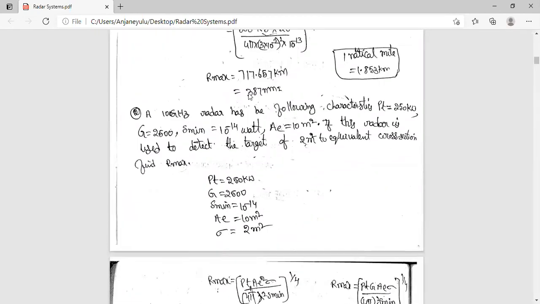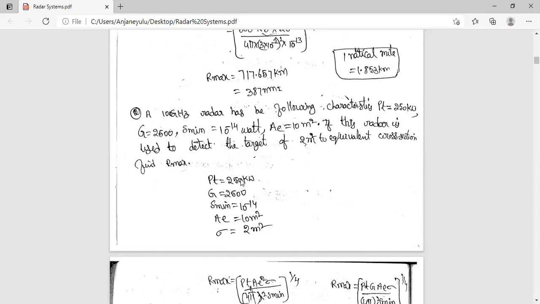The second one: a 10 gigahertz radar has the following characteristics. Transmitted power is 250 kilowatts and gain is 2500. S minimum equals 10 power minus 14 watts, and A equals 10 meters square. If this radar is used to detect a target of 2 meters square equivalent cross section, find R maximum.